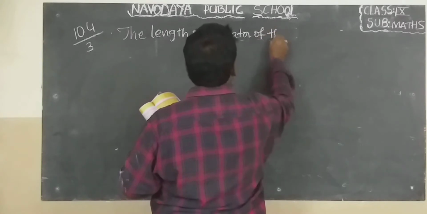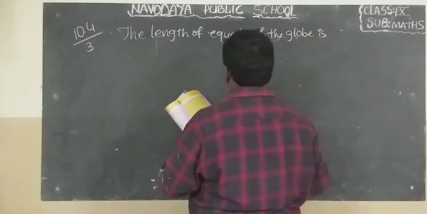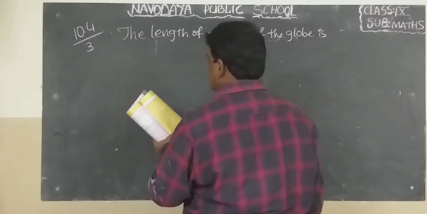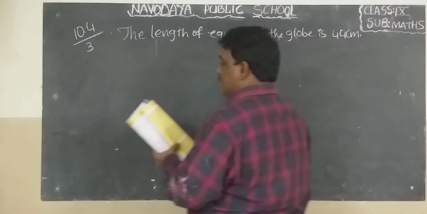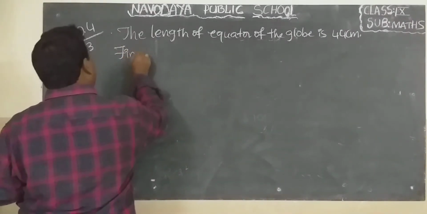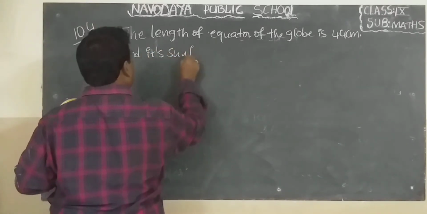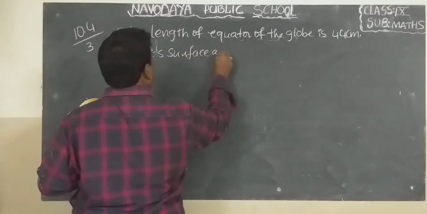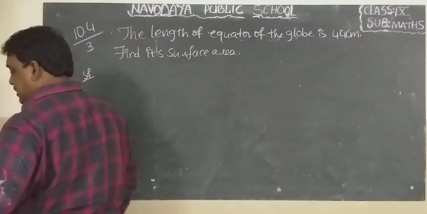The globe is the example for sphere, you know. Find its surface area. That is problem number 3 in 10.4.